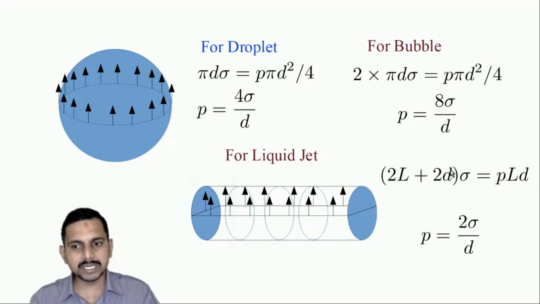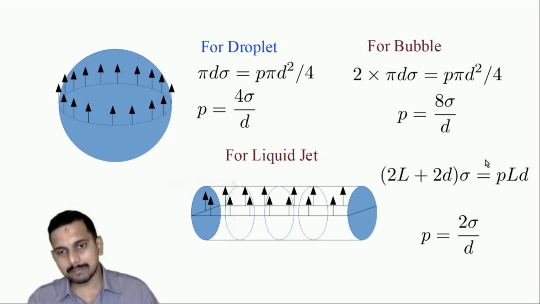Now if the diameter is very small, it is negligible compared to the length. For the negligible diameter, we can say it is 2L into sigma, and L cancels over here, and P is equal to 2 sigma by d.